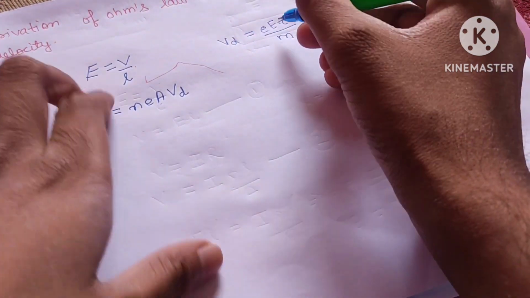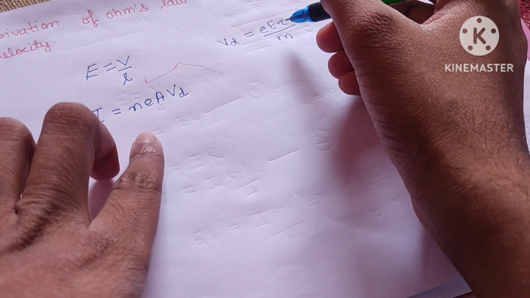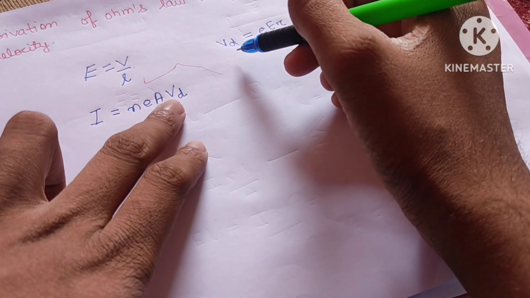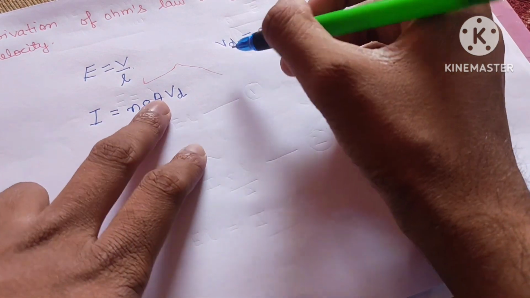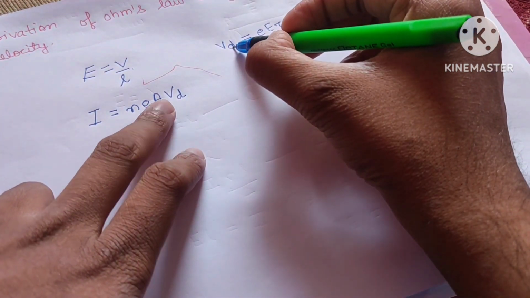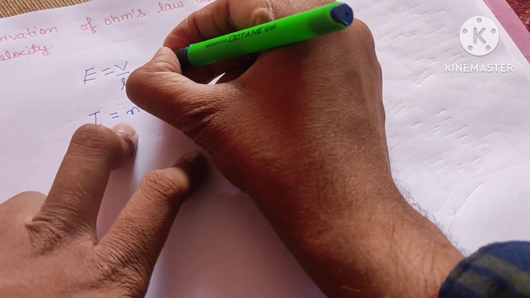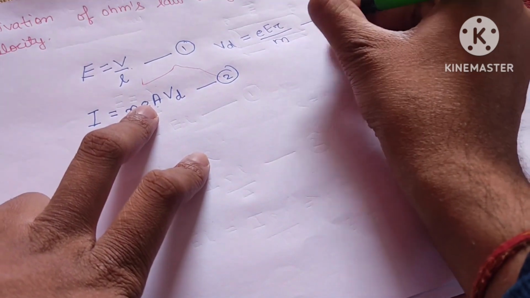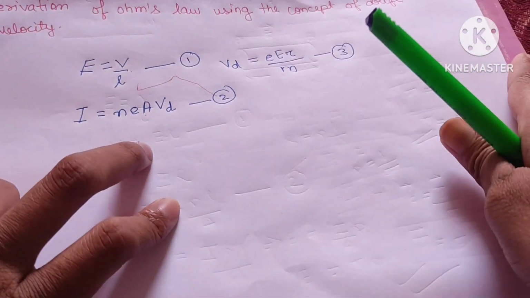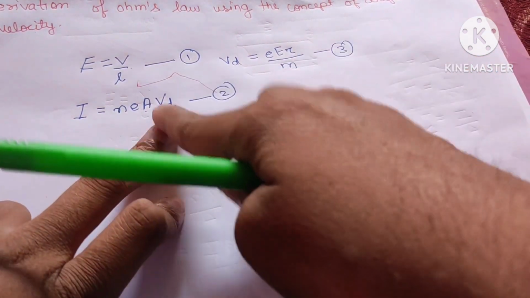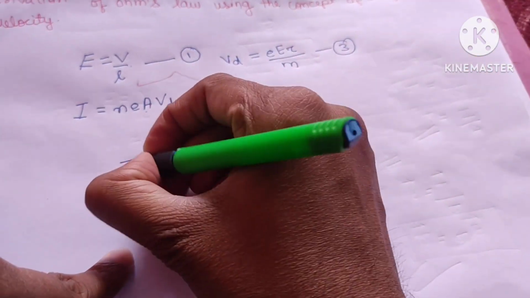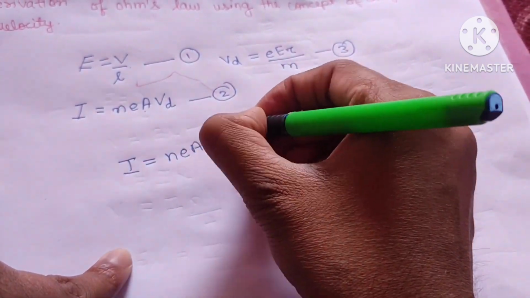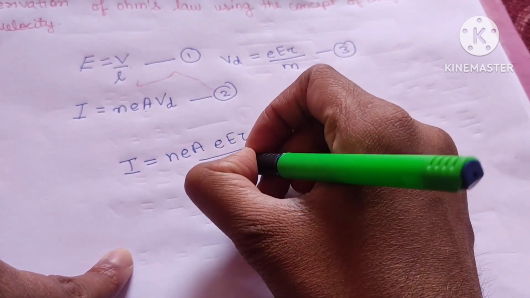Here take the drift velocity equation as equation 1, this would be 2, this would be 3. Put equation 3 in equation 2, so we'll get n e A e E tau by m.